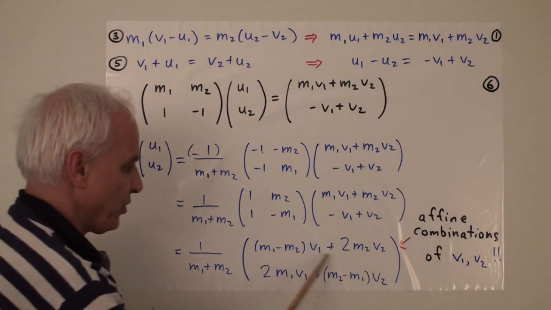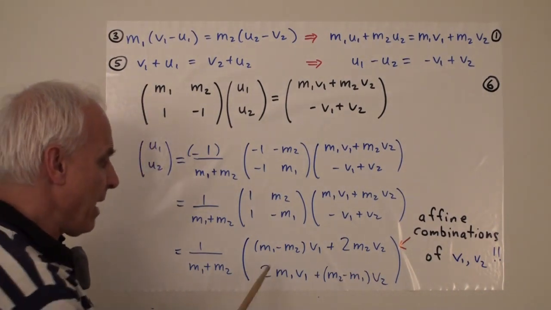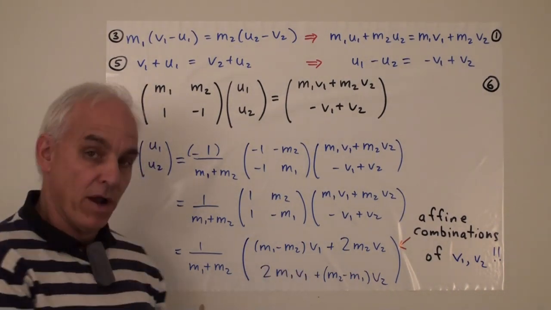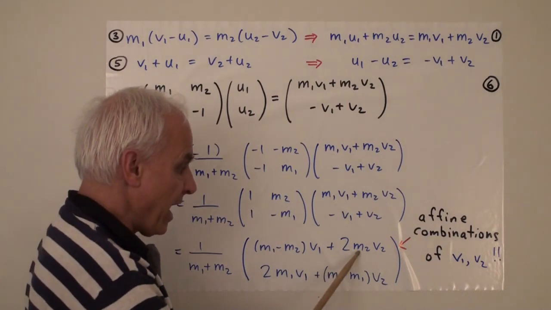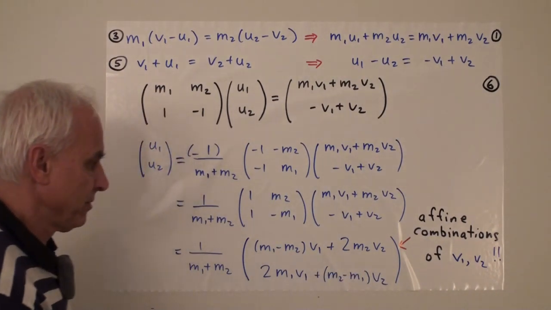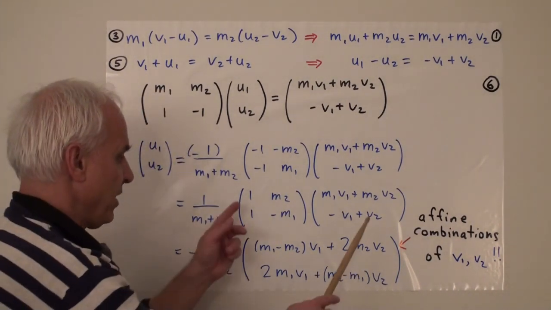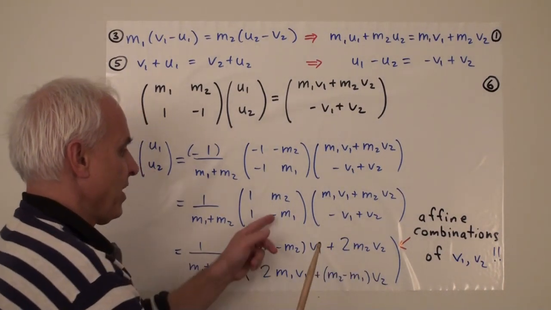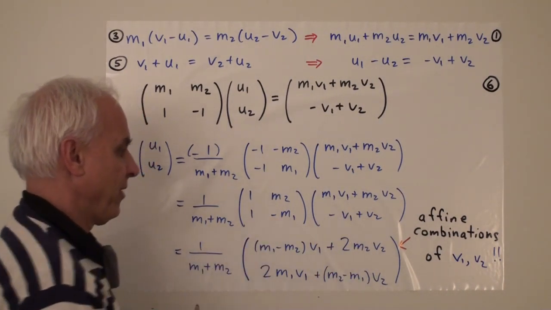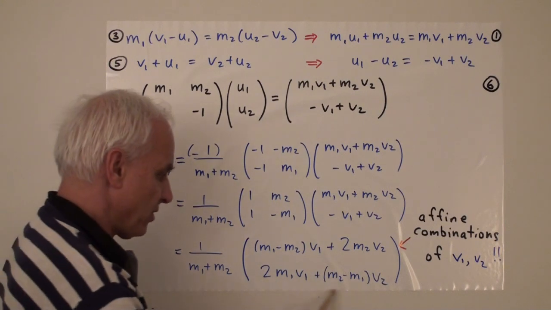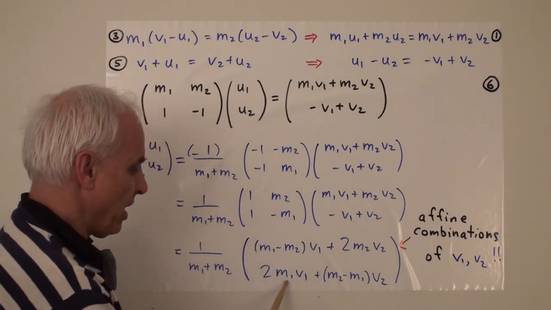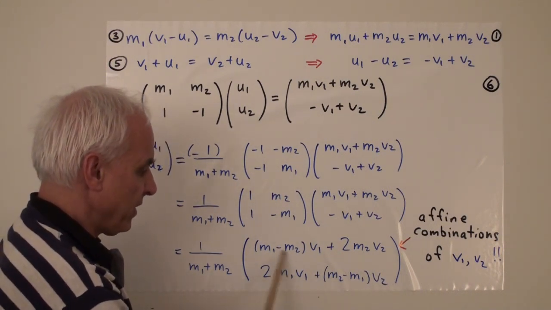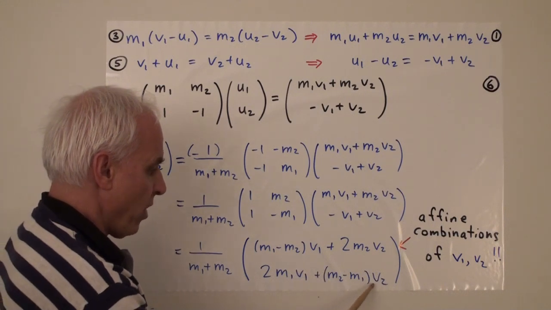And please check that what you're going to get after you do that is m1 minus m2 times v1 plus 2m2 v2. And the second entry is 1 times this minus m1 times this. And again, just please check that I've done this right. We get 2m1 v1 plus the negative of this m2 minus m1 times v2.